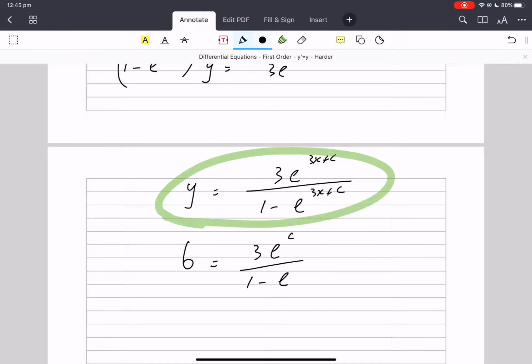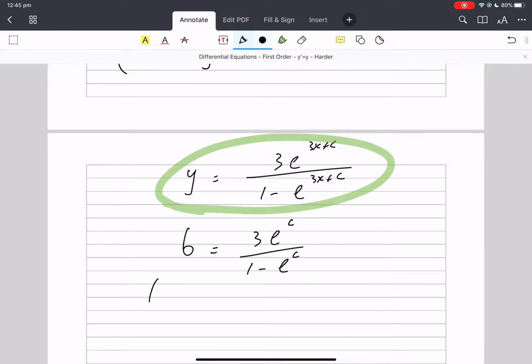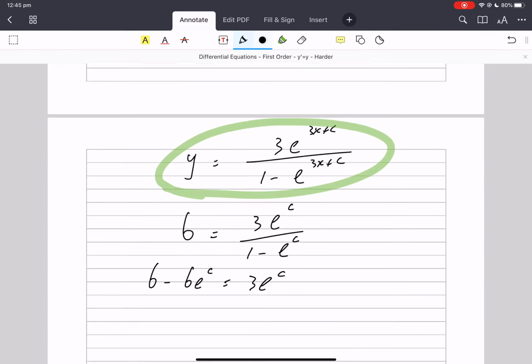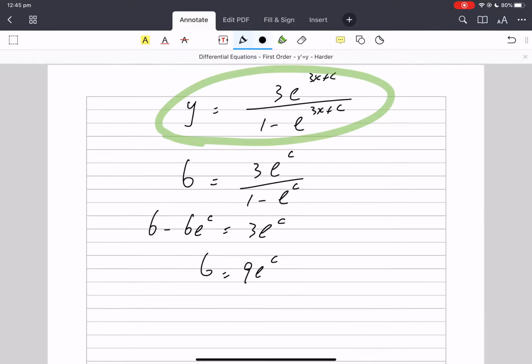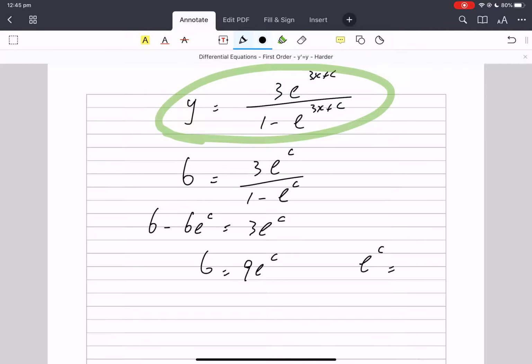X is 0. There we go. 6 minus 9 e to the c. So we've got e to the c equals 2/3.